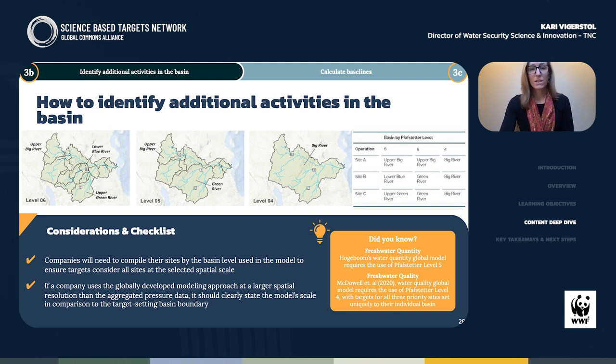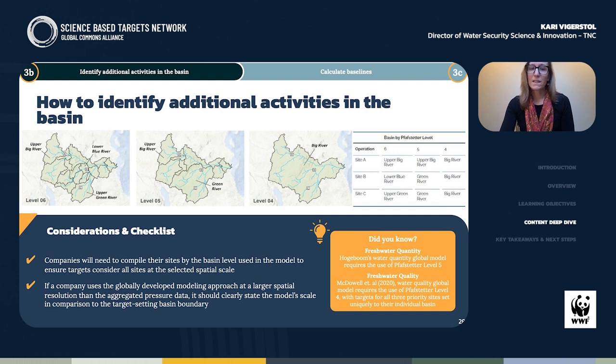We can alternatively use the globally developed modeling approach at a larger spatial resolution than the aggregated pressure data, as long as we clearly state in the target setting language the model scale in comparison to the target setting basin boundary. After defining the spatial resolution, we can then compile our activities at the basin level used in the model.